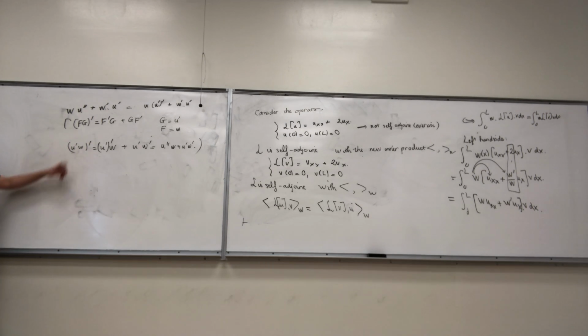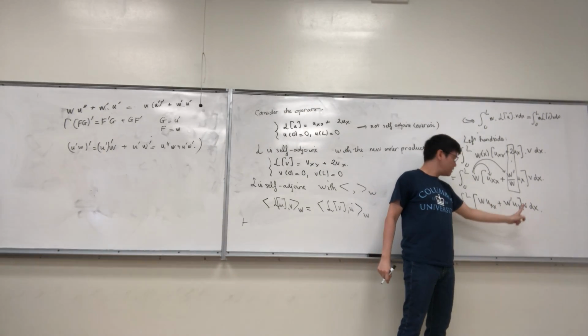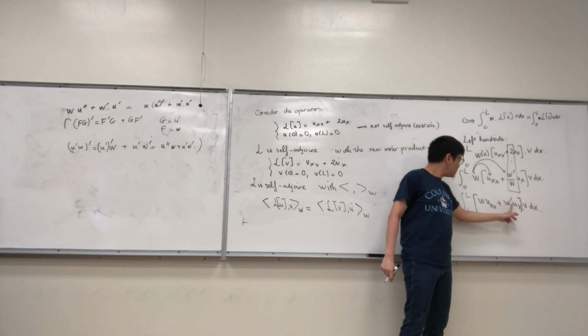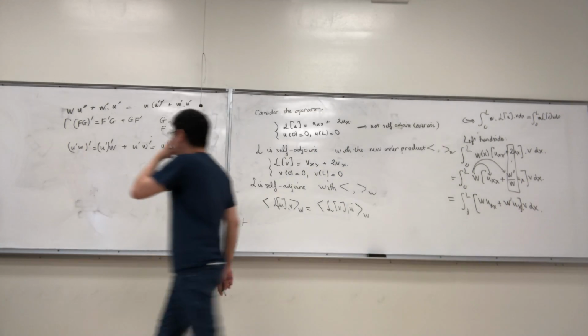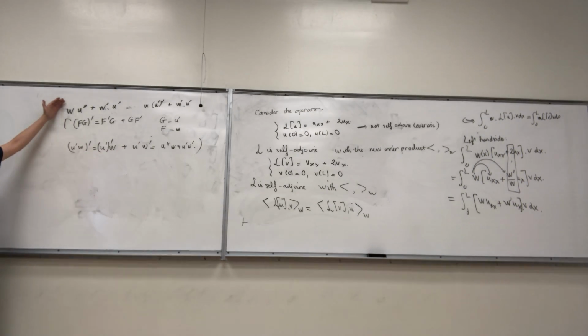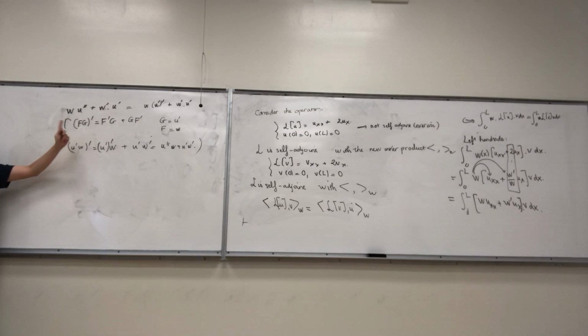Now I explain again. So in this bracket, I'm going to have W Uxx plus U prime Ux, right? So U prime is W prime Ux. So in the bracket I have W U second plus W prime U prime. This is nothing but the chain rule, right?